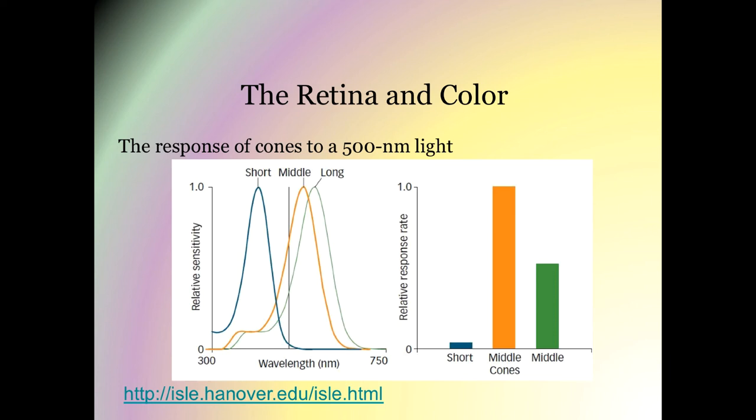Now your book talked about other species like cats and dogs that only have 2 cones for color, and that means that they don't see the same range of colors that we do. And it also talked about an individual who was tested who had 4 functioning cones and was able to distinguish between colors that the rest of us would not be able to perceive as different from each other.